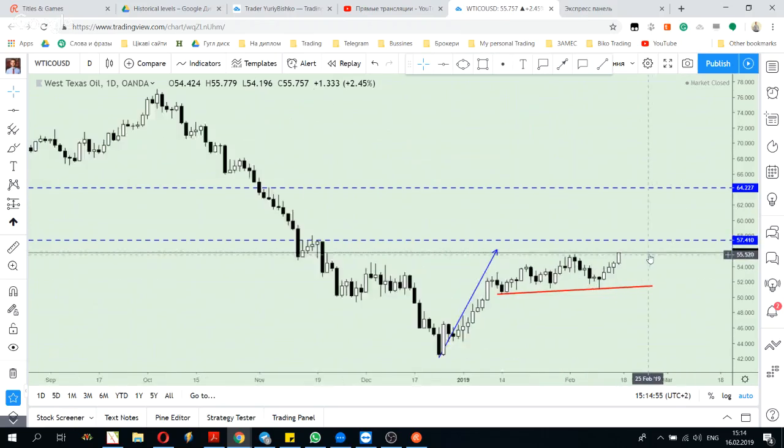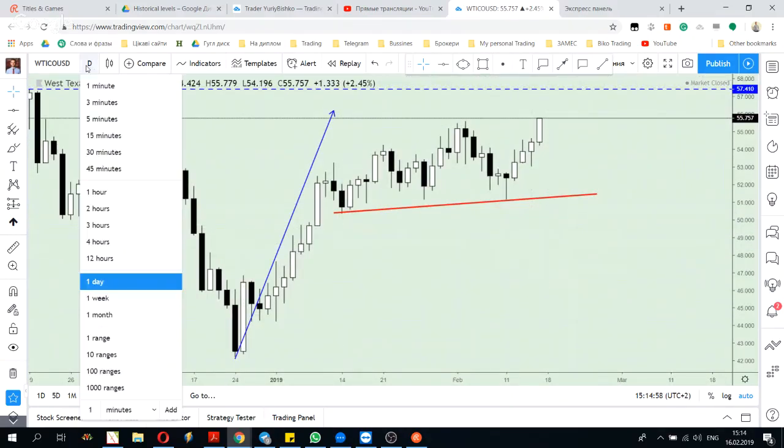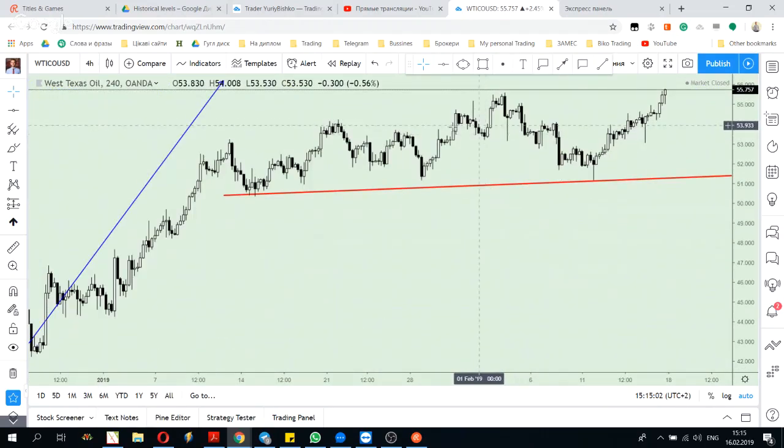$64. That's why I think that oil will continue up move. About entries on oil, at this moment, it's hard to find really proper levels on oil.